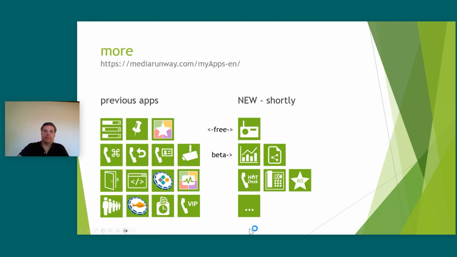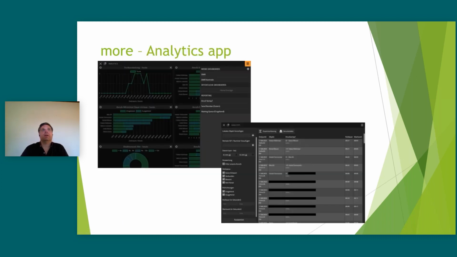So now you can see the Analytics app. The Analytics app is, on one hand, a visualization of the information about all the calls which are done through the PBX.